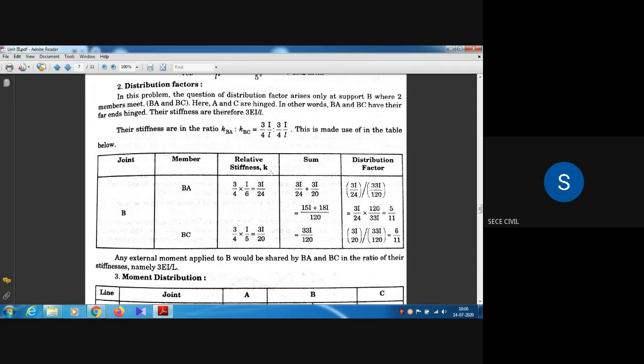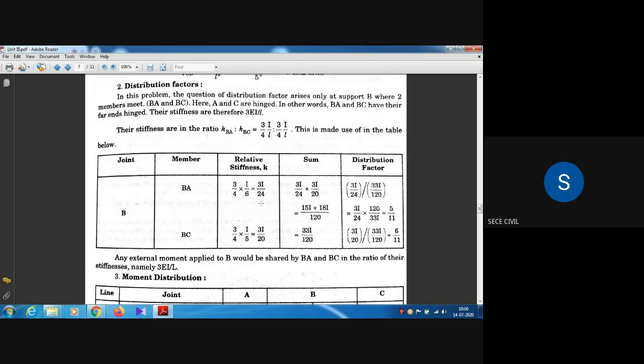After adding the stiffness for that particular joint, the next step is the distribution factor. Here the total stiffness for joint B is 33I by 120.